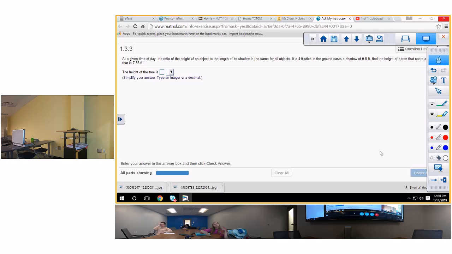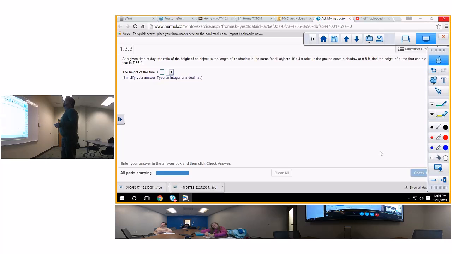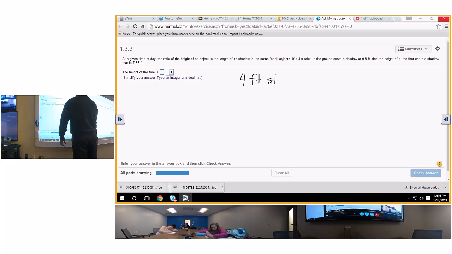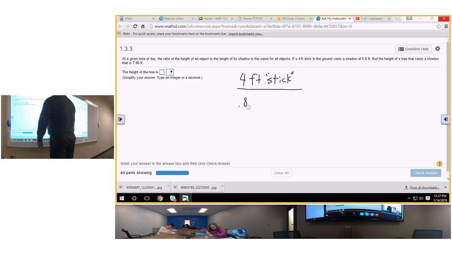At a given time, the ratio of the height of an object to the length of its shadow is the same. If a 4-foot stick in the ground, 4-foot stick, and I'm going to put stick in quotation marks because that means an object, over 0.8 feet shadow.